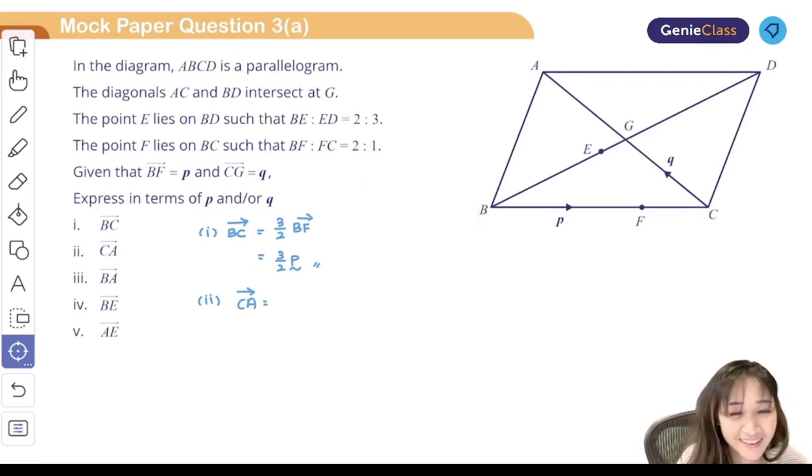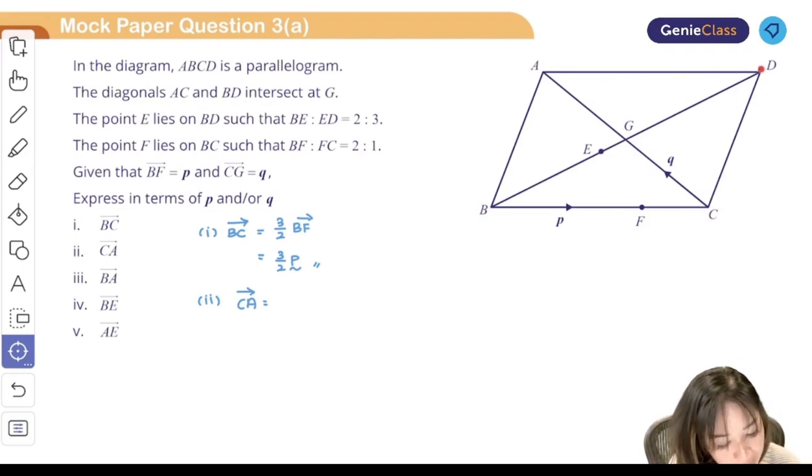Since this is a parallelogram and this is the diagonal, what do we know? BC plus CA. We are finding CA, Kavya. So how would you find CA?